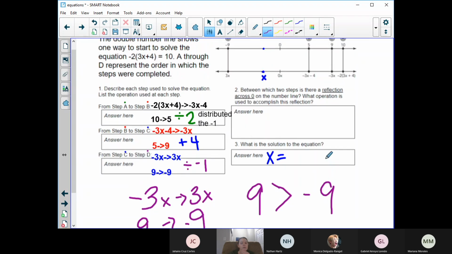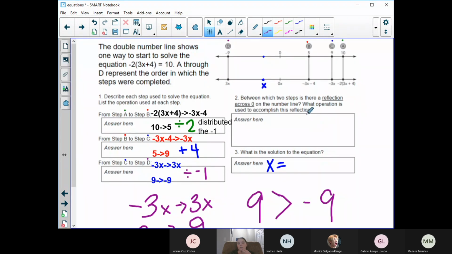All right. Now it wants to know, between which two steps is there a reflection across 0 on the number line? So we were working over here and then all of a sudden jumped to the left side of 0. So where did that happen? Was it between A and B, B and C, or C and D?